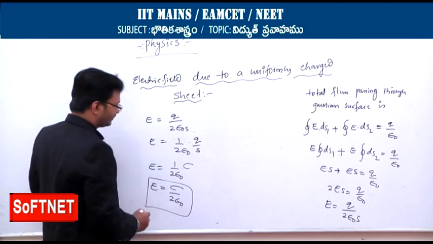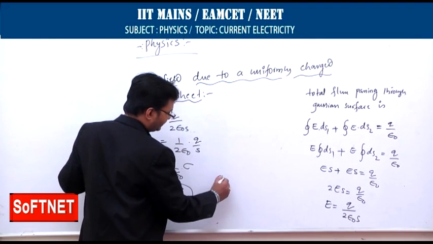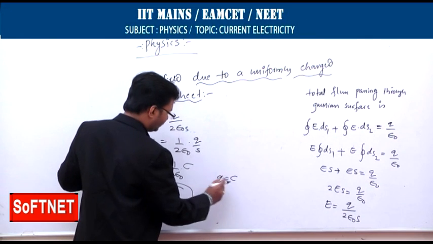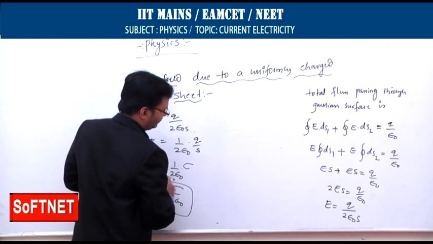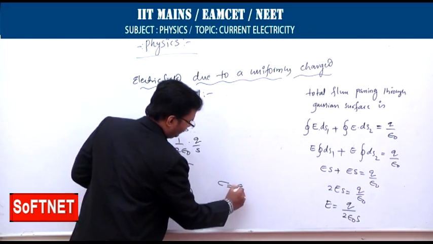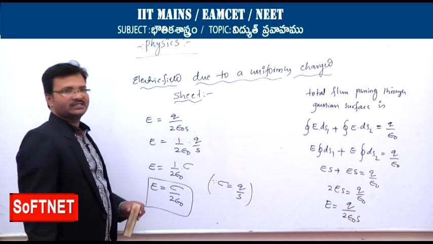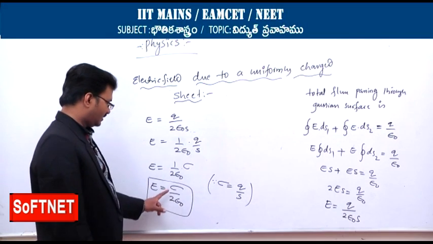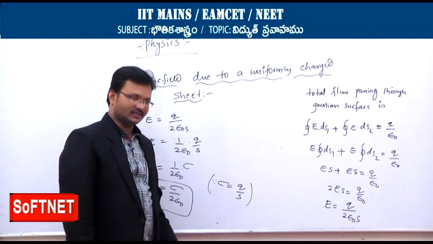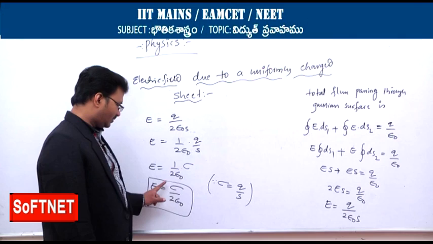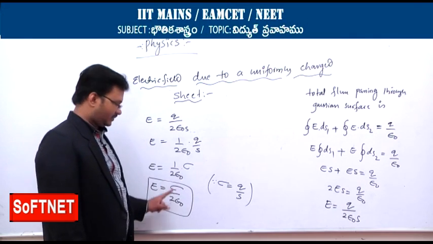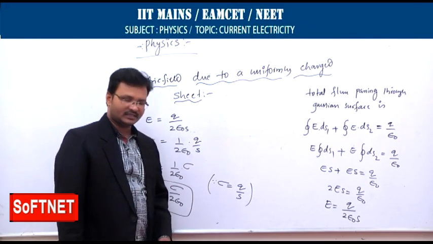This is the electric field intensity due to a uniformly charged sheet. Here sigma is the surface charge density.